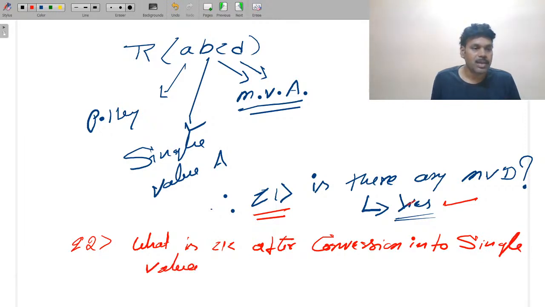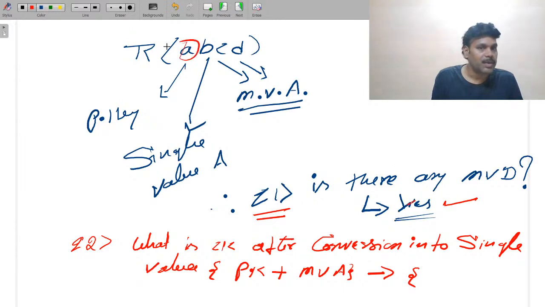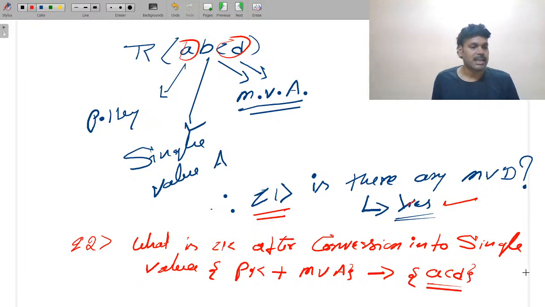We all know how to do this. What is that? Your primary key plus as many multi-value attributes as you have, that many you have to write. Finally, we confirm your primary key is A and there are two multi-value attributes. Therefore, your new candidate key is ACD.